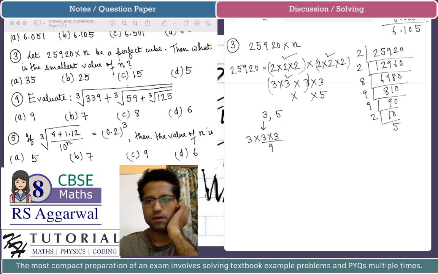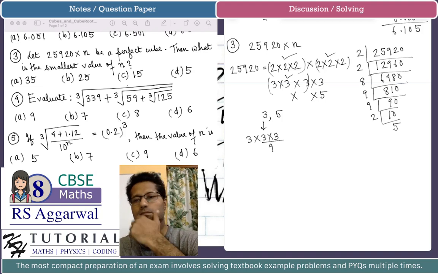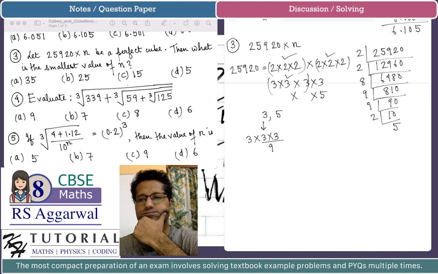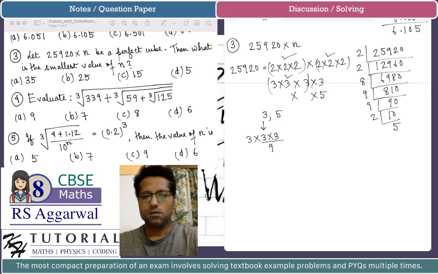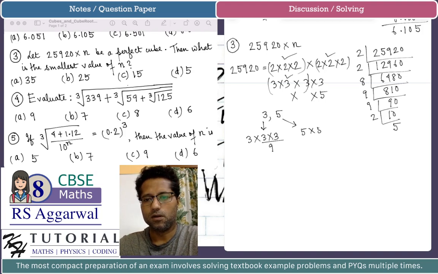We have to multiply with 9, to make the 3s a triplet. And also, to create a triplet out of a single 5, we have to multiply it with two 5s.